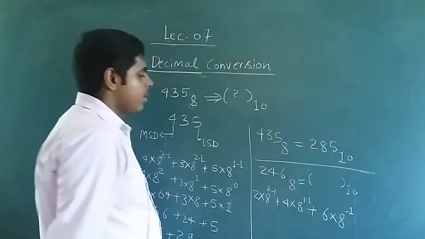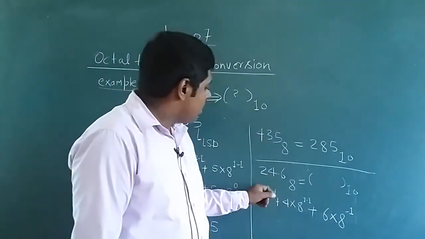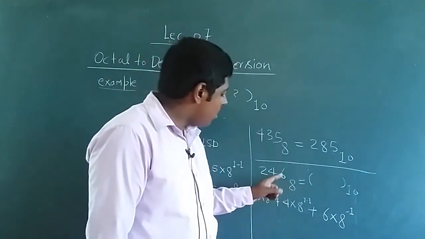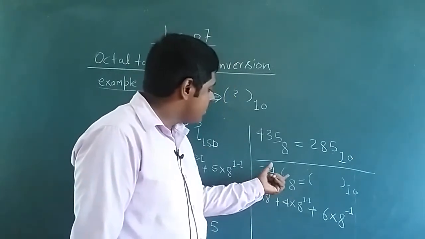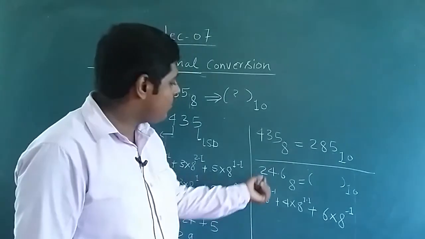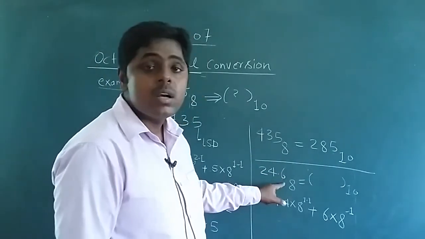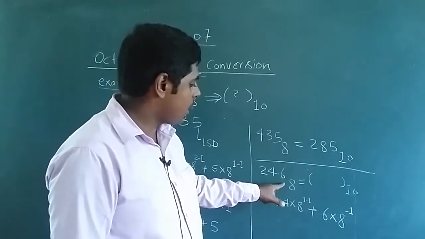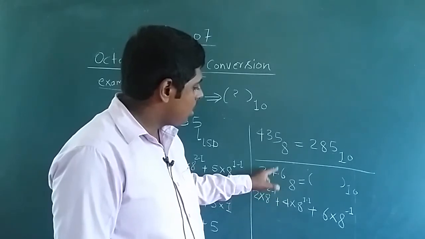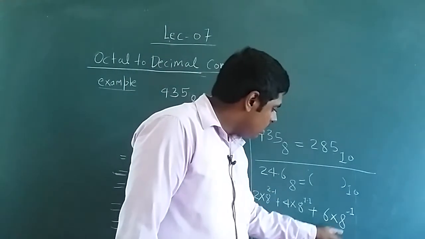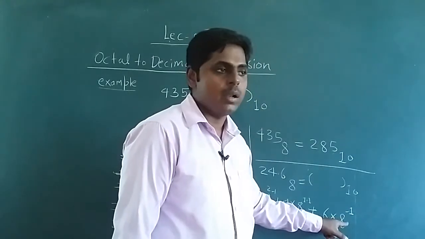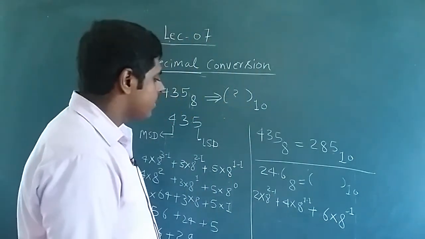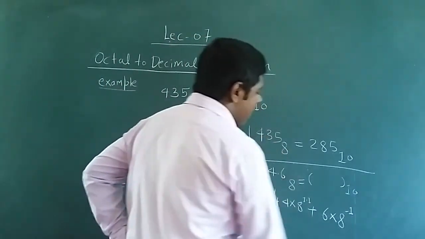Why? Because this is the first digit which comes after the decimal point. So we will write here 8 power minus 1.